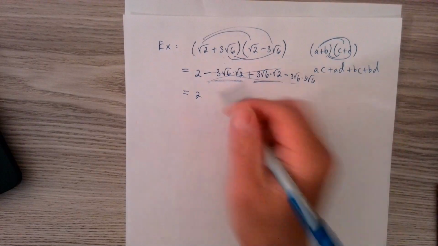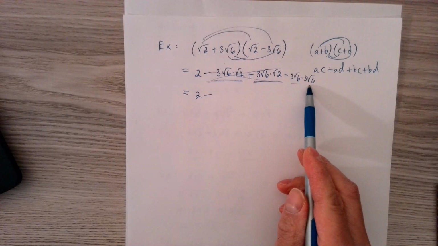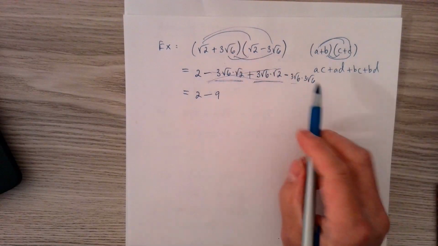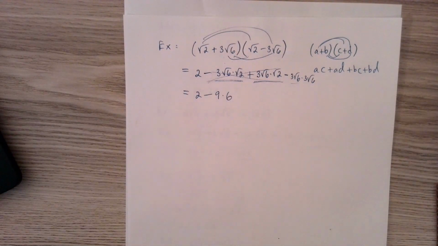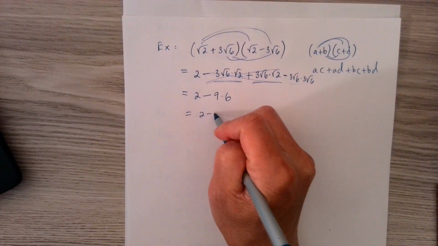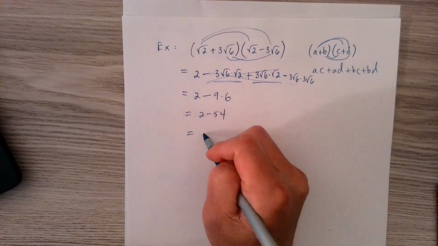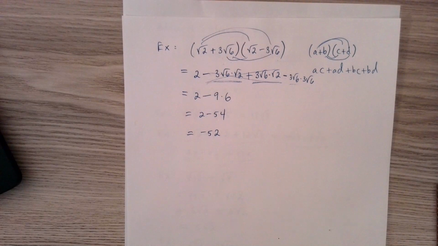And then here, minus this times this. The 3 times 3 becomes 9. The rad 6 times rad 6 becomes 6. So that's 2 minus 54, which is negative 52.